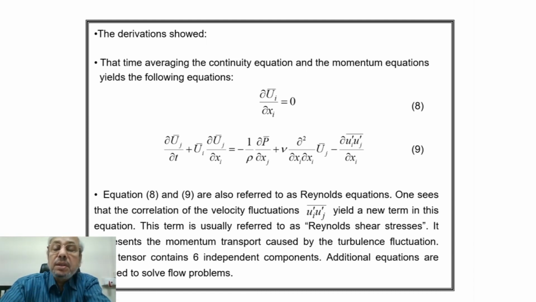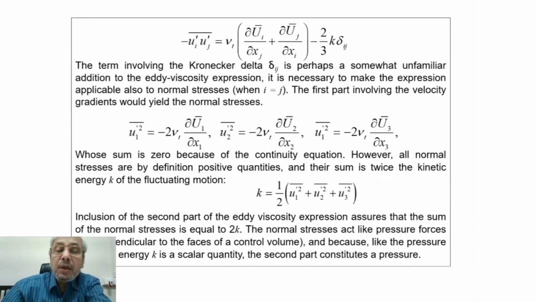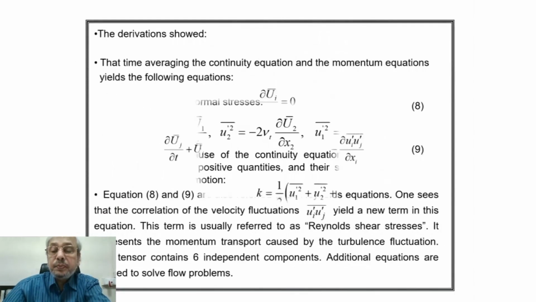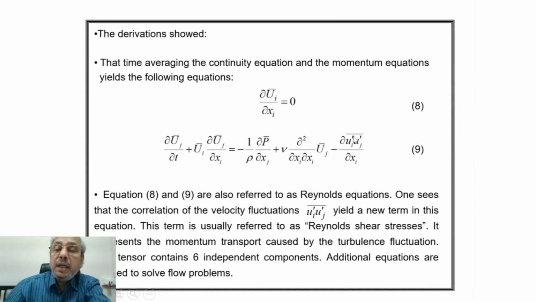But I am proposing something. What we have done here, if we can write this ui prime uj prime over bar as mu t, which is turbulent viscosity, into del xi uj over bar plus del xj ui over bar, then in this equation again this ui prime into uj prime over bar will be expressed in terms of ui bar, uj bar and their gradients.